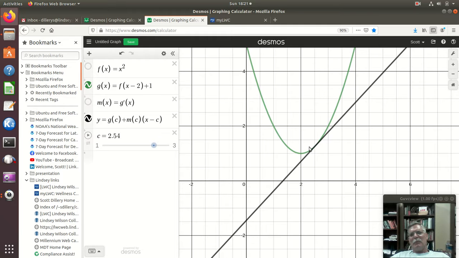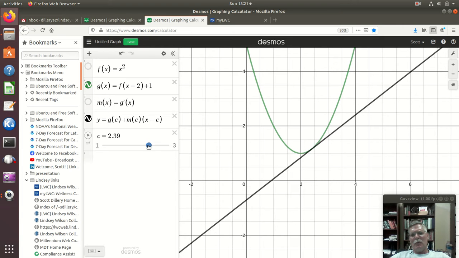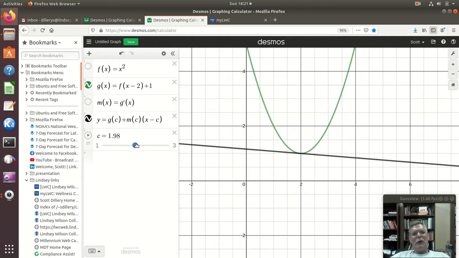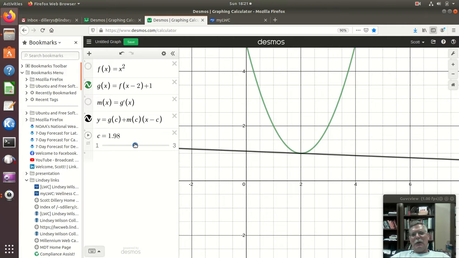But for now, let's just look at the line on the whole and say, well, remember, I wanted to know this point here, this bottom point. Well, notice what happens to that black line when I'm right at that point. If I can get right at 2, I'll make it a 2.